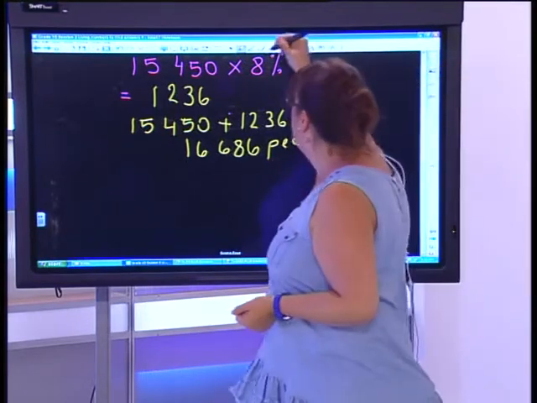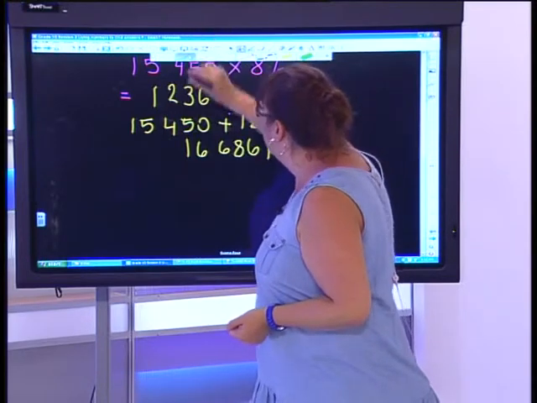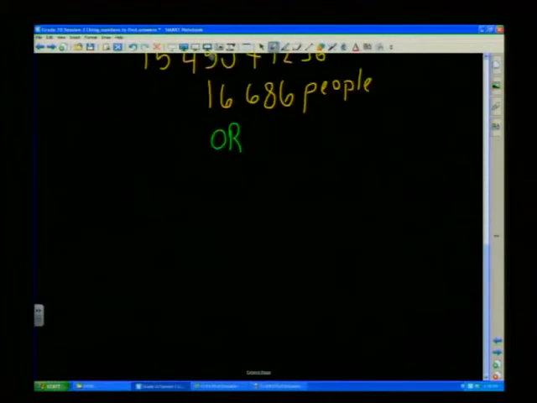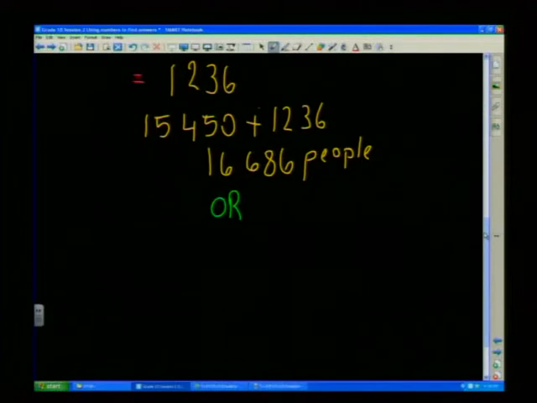So let's now take another color, let's use green for a second, and do an OR. I had my number of 15,450. I just want to move this up a little bit so I can see the number. That's what I started with.